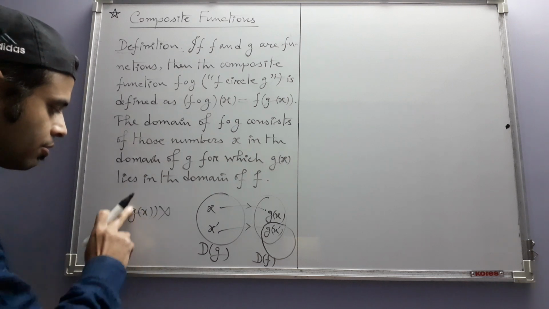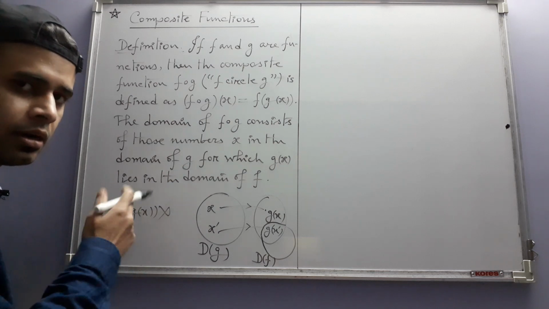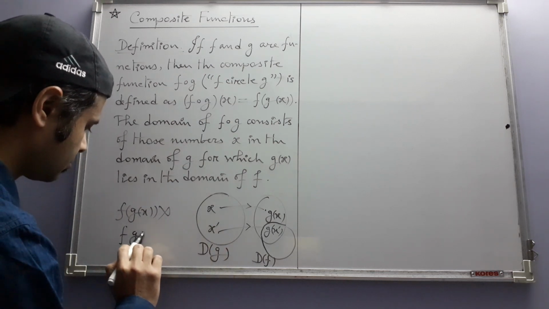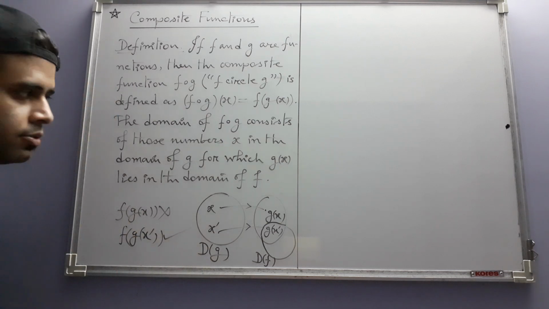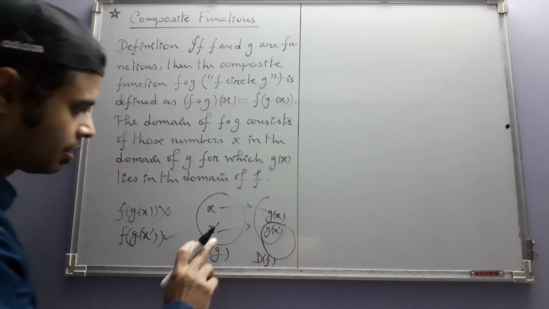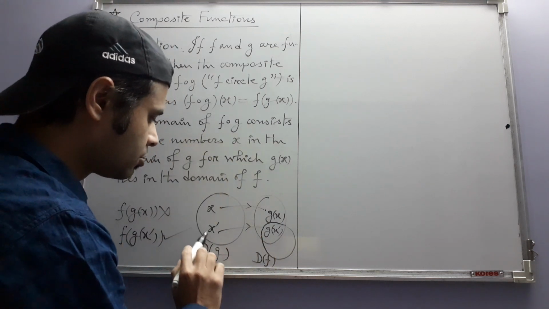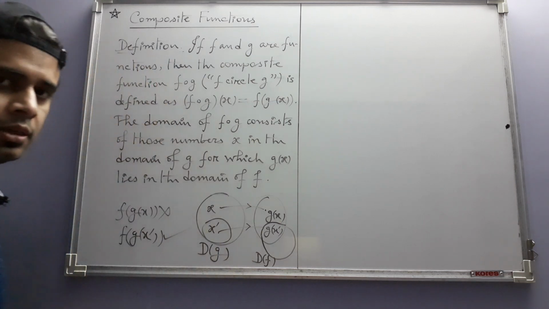This makes sense only when the thing inside f, the argument of f, lies in the domain of f. But this makes sense. Okay, so the natural domain of f circle g should consist of numbers like x prime, not like x.